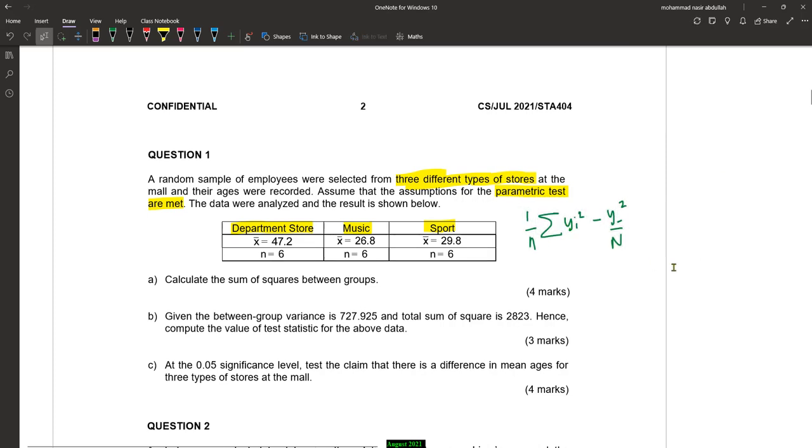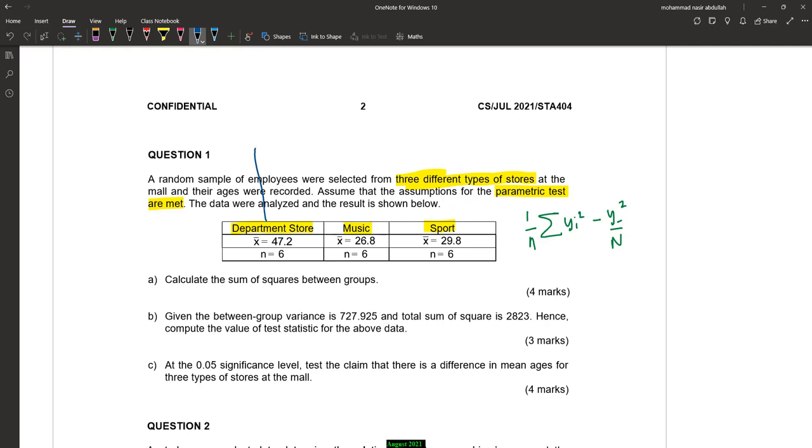Right. So, kalau kita tengok dekat sini, the first one, department store kan. So, in department store, they give us X bar and N kan.